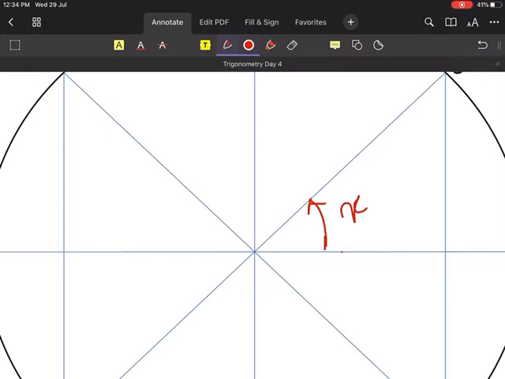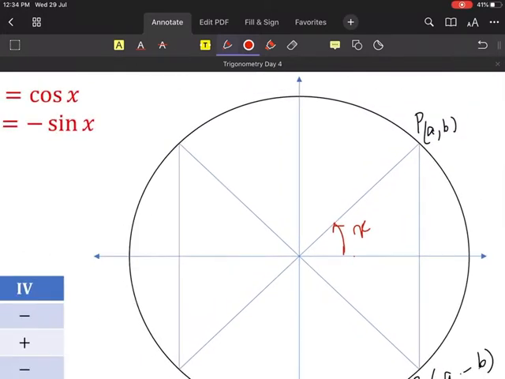Now, these two triangles are totally equivalent: the angles are equal, the sides are equal. If I say this angle is x, can anybody tell me what this angle will be equal to?